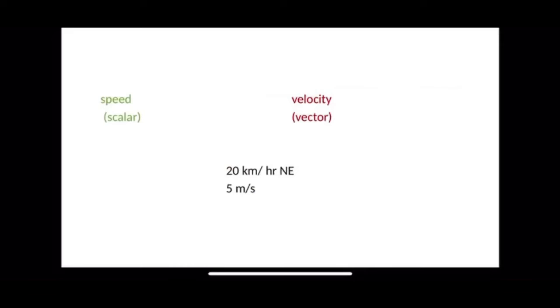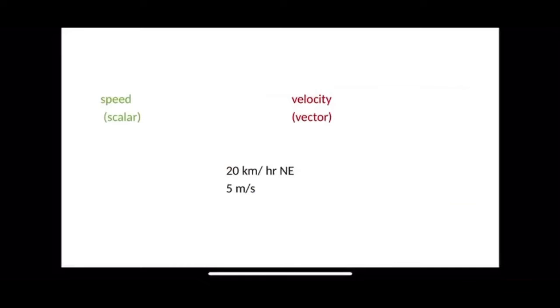Just see this example. Here the first example is given as 20 km per hour northeast. Is it velocity or speed? Yes, it is an example for velocity because here the magnitude as well as direction is given. So it is a vector quantity.